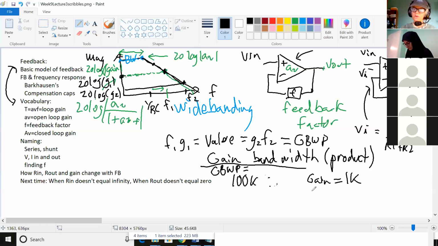Then you know that you'll have that gain only out to 100 hertz, because 1K times 100 has to equal the gain bandwidth. So for whatever gain you're targeting, you can figure out the bandwidth. Or if you have a bandwidth, you can figure out what gain you can have on your op amp. That's why this is a pretty useful metric to have on a data sheet. Okay. Questions on gain bandwidth product?